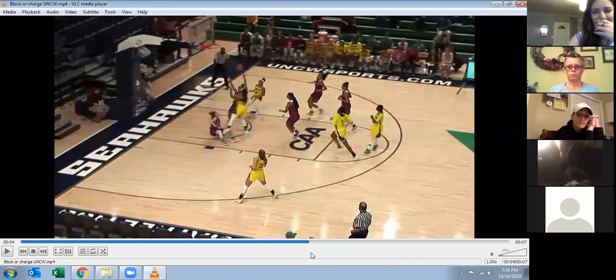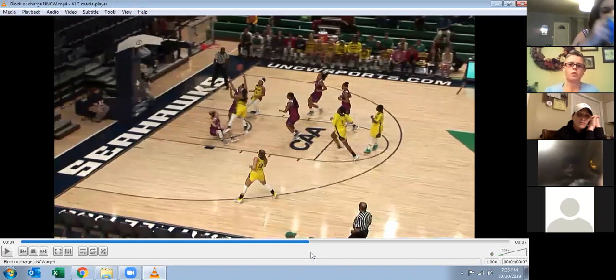So anytime we have contact here, it's a foul. Contact here, it's a foul. Contact here, it's play on. You guys understand that? Yes.